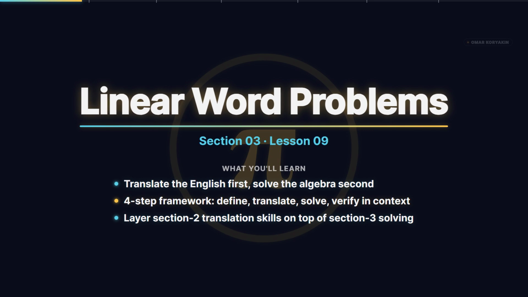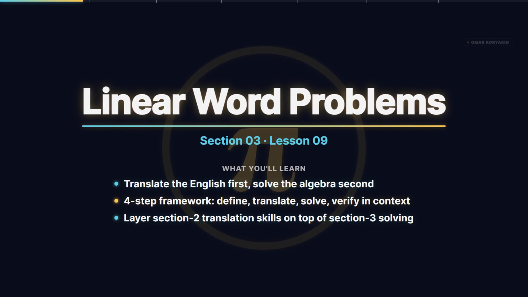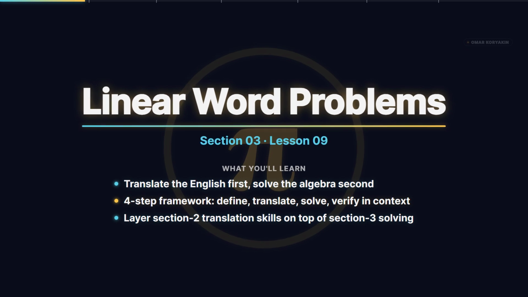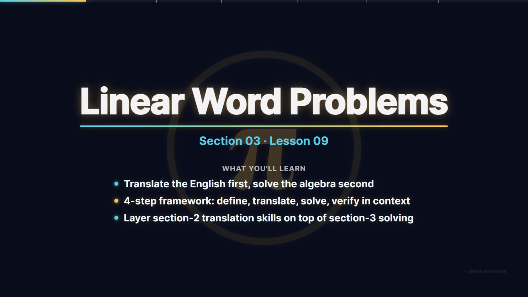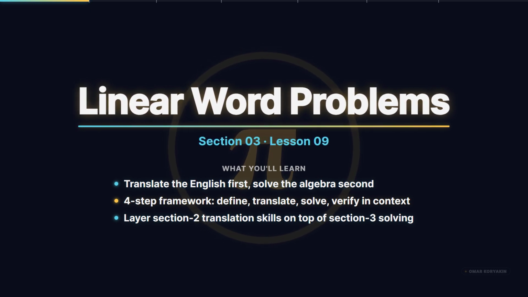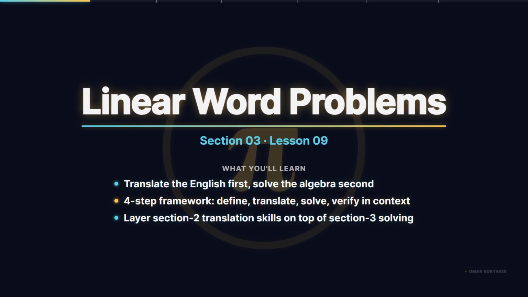Sarah is 12 and Bob is 24, Sam is 36, Sarah is half of Bob, all consistent with the original sentence. The verification catches translation errors that pure algebra checks would miss and is the cheapest insurance you can buy on every word problem you ever solve.